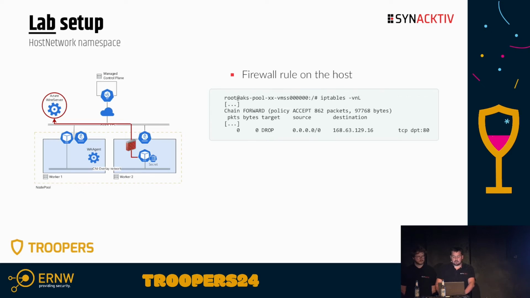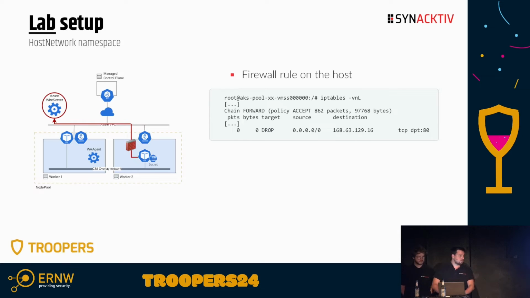And if we look on the host, there are iptables rules that drop every packet forwarded to the wire server. So if a pod wants to talk to the wire server, the packet from the pod will be forwarded, so the iptables rules will deny the connection.